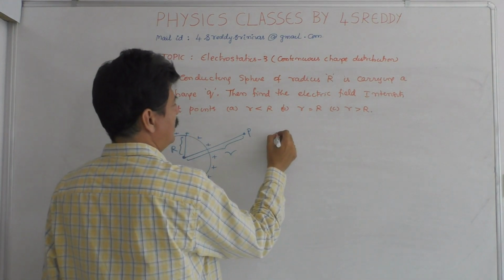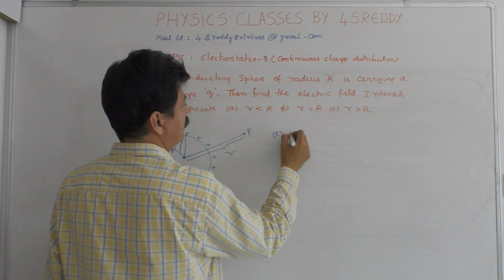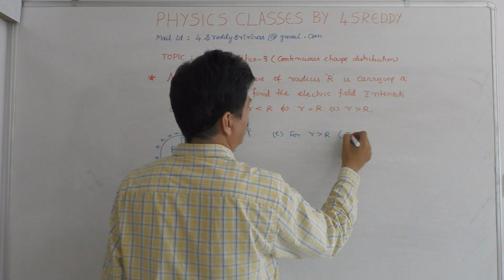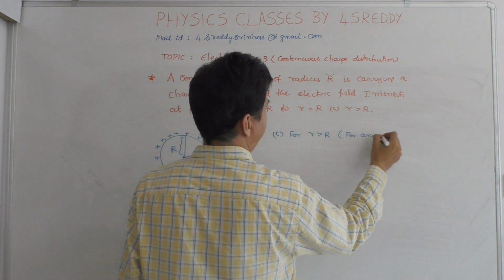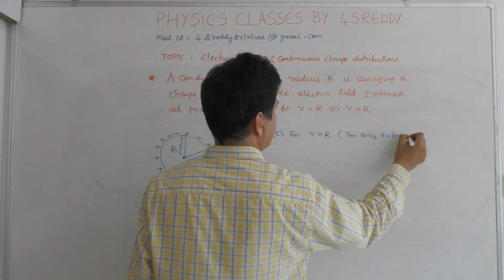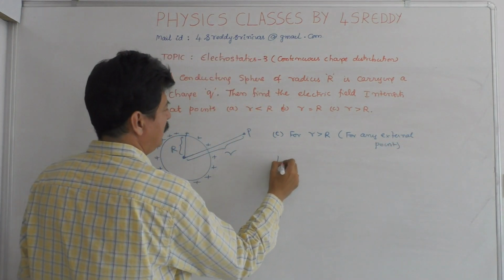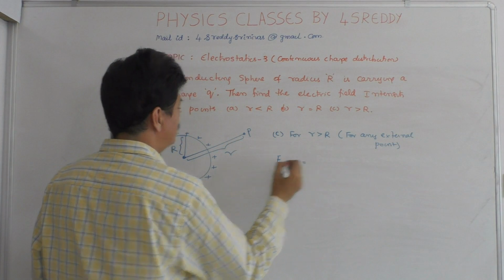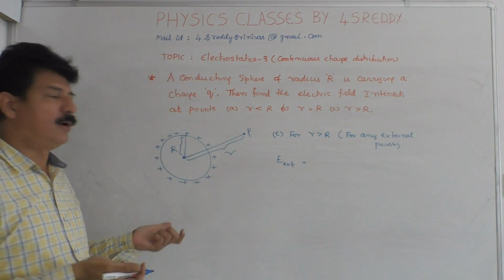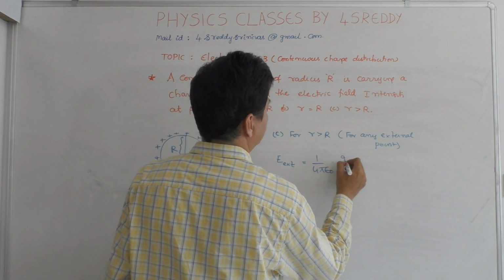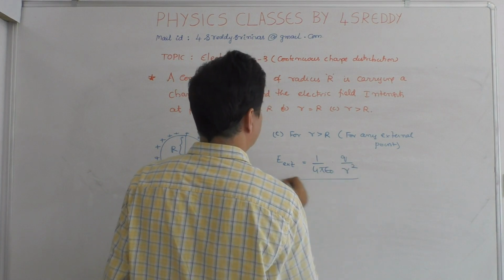C, for r greater than capital R, that is, for any external point. What happens? E at the external point, where the sphere is considered to be a point charge, is 1 by 4 pi epsilon naught into Q by small r square.